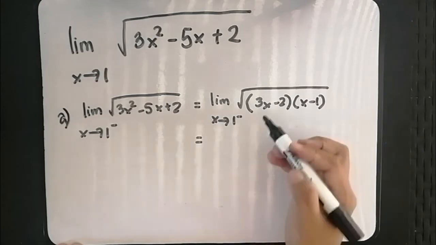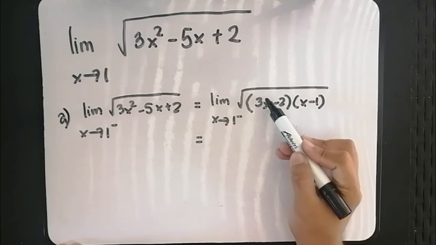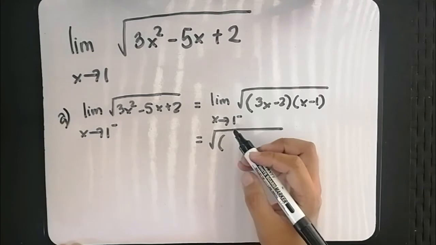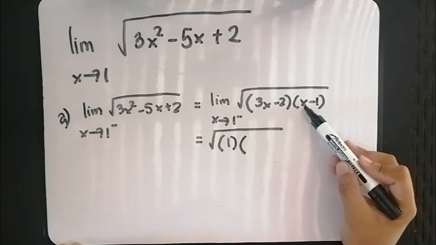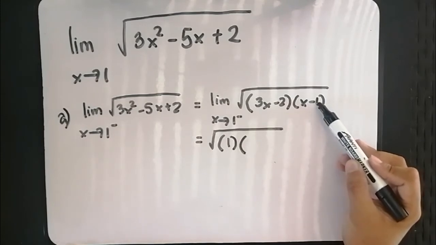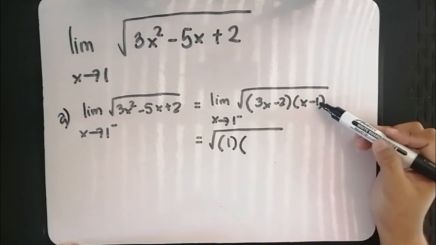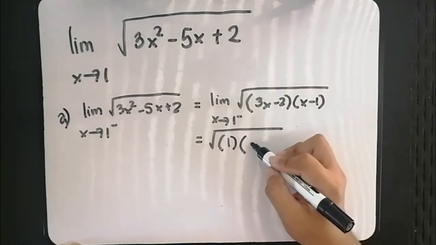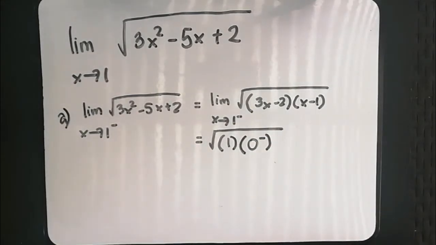Observe that by direct substitution, ipasok lang natin yung 0 dito. So we have 3 times 0 minus 2, so that is the square root of 1 times, eto naman, x minus 1 is equal to 0. But, if we observe, saan ba dadaan si x minus 1 natin? That is passing through the negative values of x. Tama?